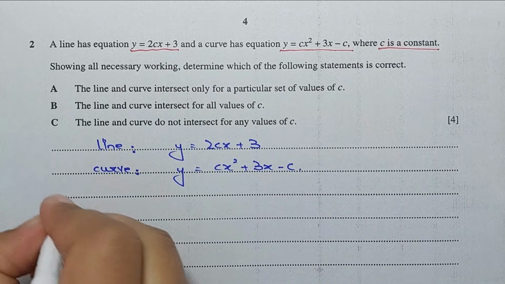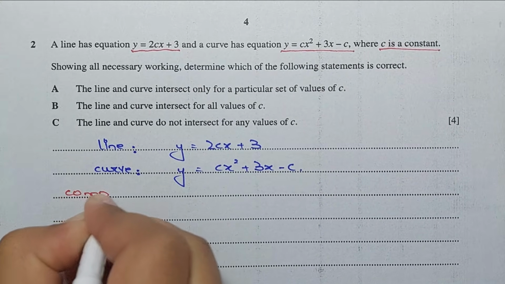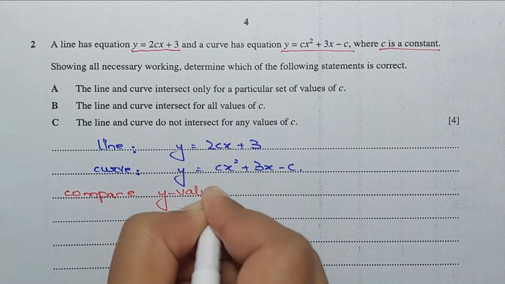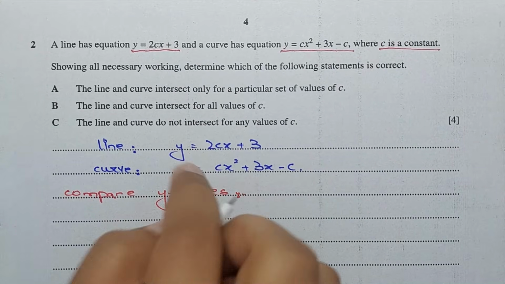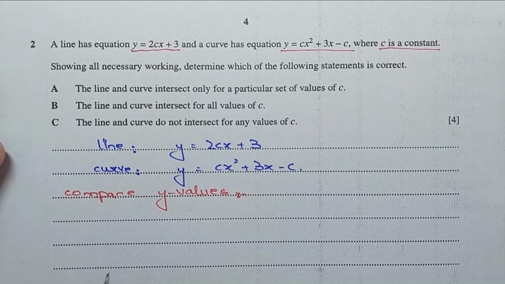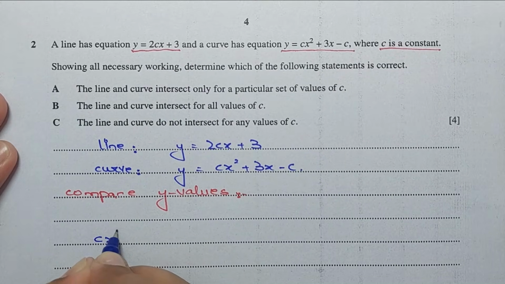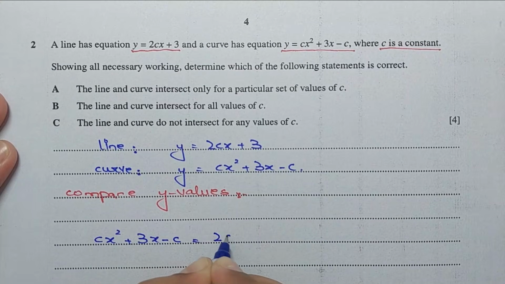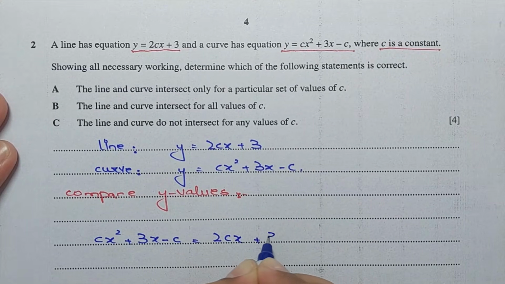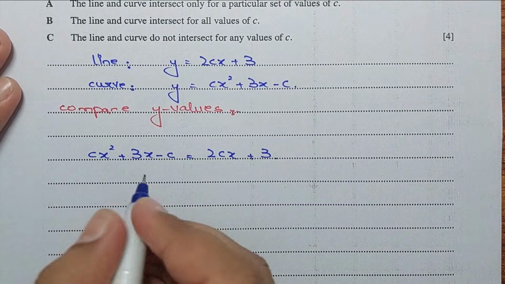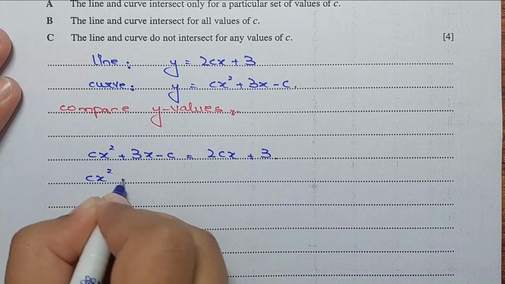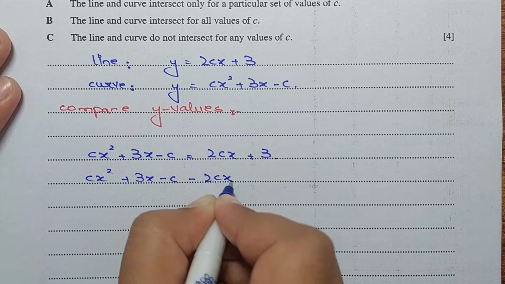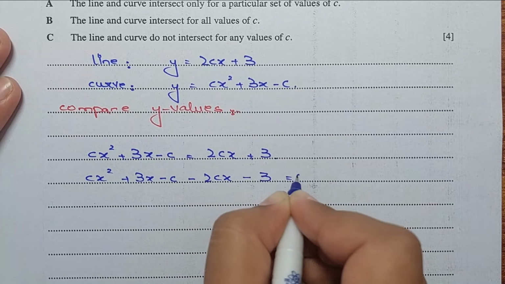We need to compare the y values of these two, right? So we can say cx squared plus 3x minus c would be equal to 2cx plus 3. Shift all the terms to the left side. So cx squared plus 3x minus c minus 2cx minus 3 equals 0.